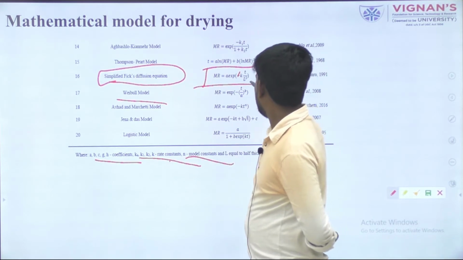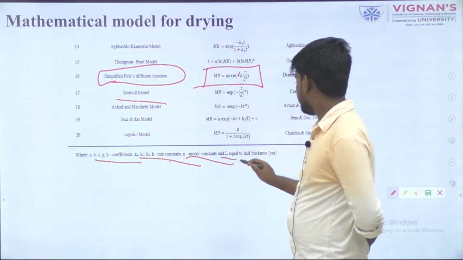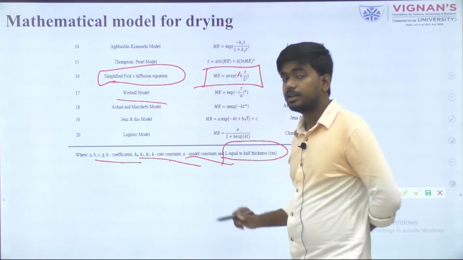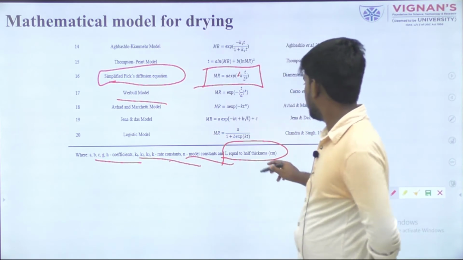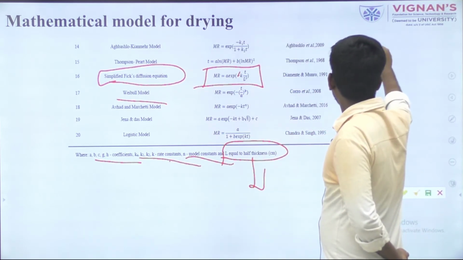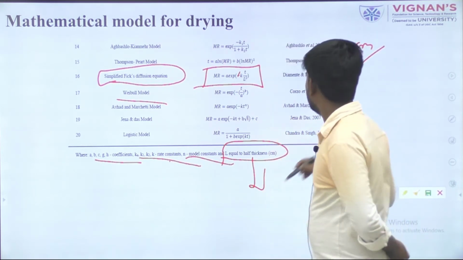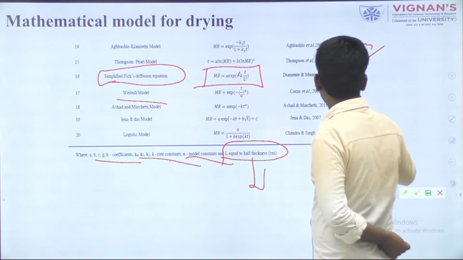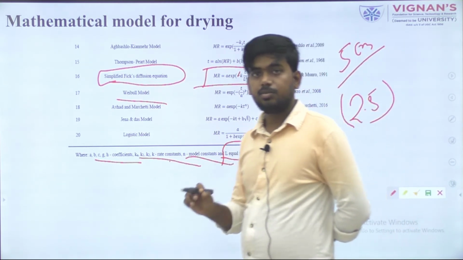And if you are calculating with Fick's law, then you remember one thing: whatever thickness is given in any question or exam, you need to put the half thickness. For example, if 5 centimeter thickness is provided in the question paper, then when solving this problem you need to put 2.5 in centimeter.